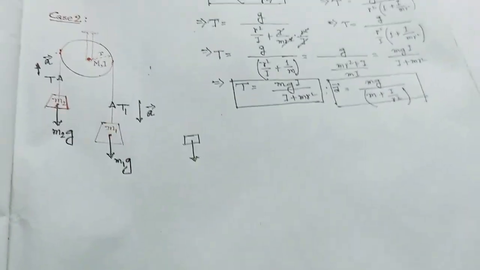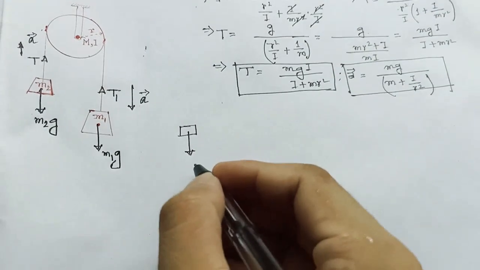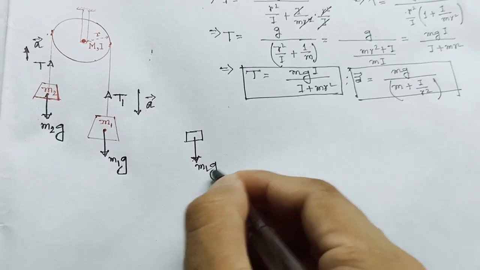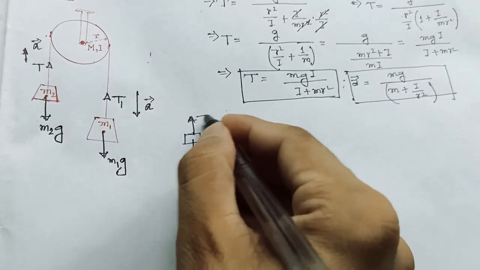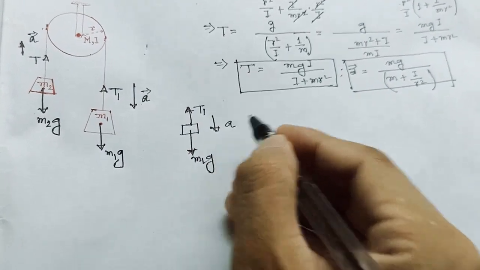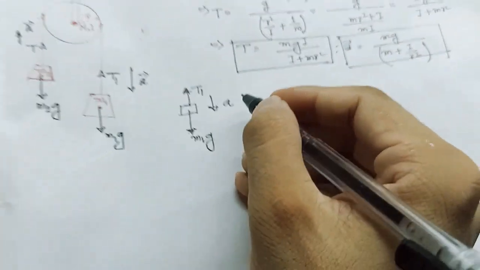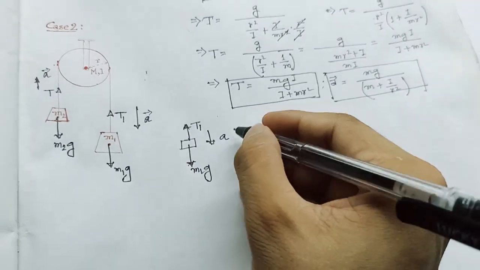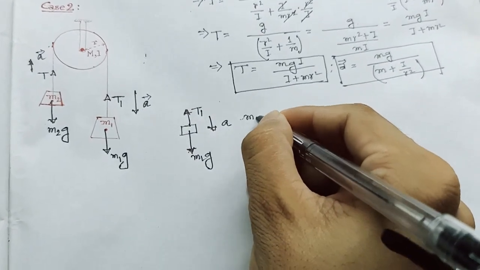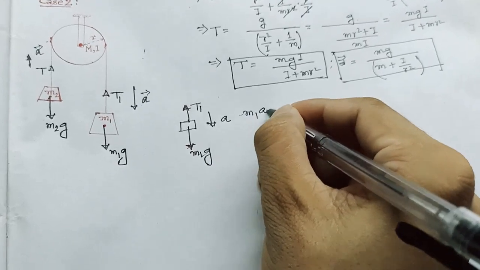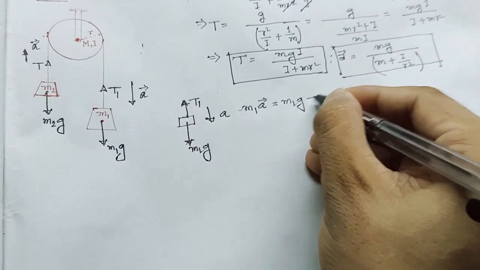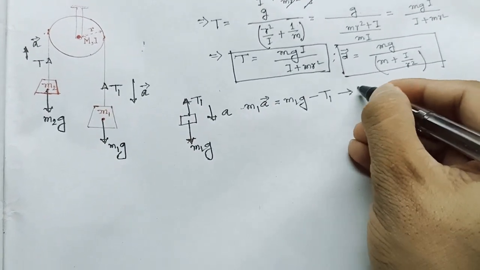In the FBD of mass m1, m1g acts downward, tension T1 acts upward, and the acceleration of the system acts downward. From this FBD, the equation of motion will be m1a equal to m1g minus T1. This is our equation number 1.